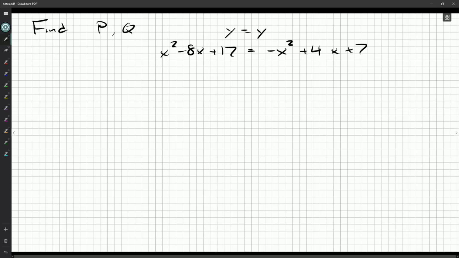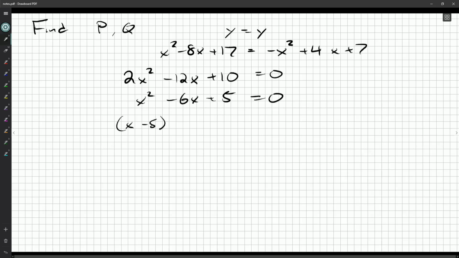Let's get it all over onto one side. 2x squared minus 12x plus 10 is equal to 0. So x squared minus 6x plus 5 is equal to 0. This factors into minus 5 and minus 1. So we're going to have x equals 5, x equals 1.